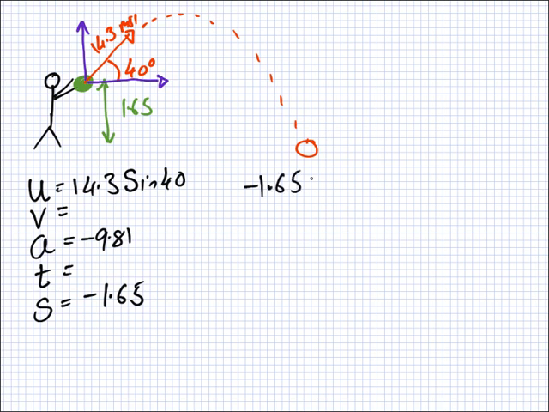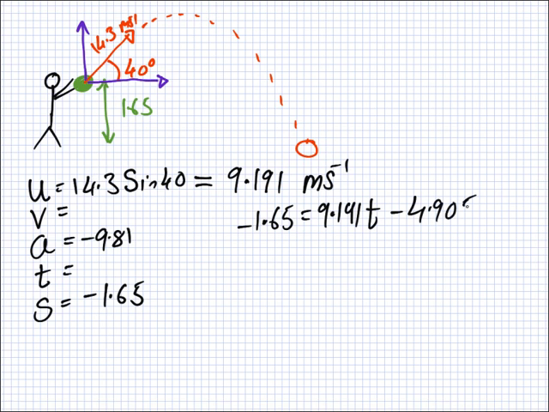S equal. Oh, can someone actually tell me what this is? 12.40? Yes? Agreed? No? 9.191. Okay. S equals UT plus a half A T squared.